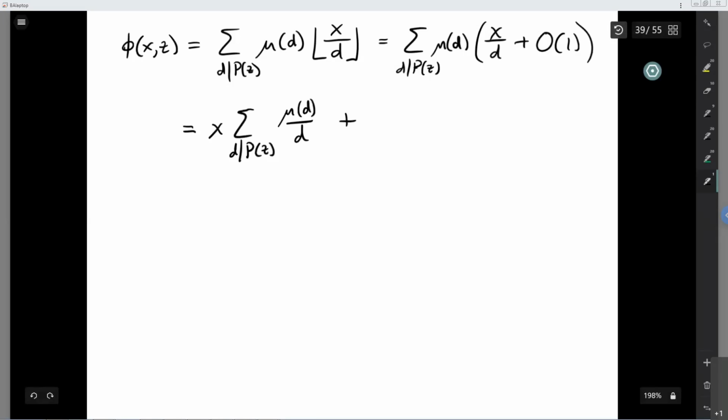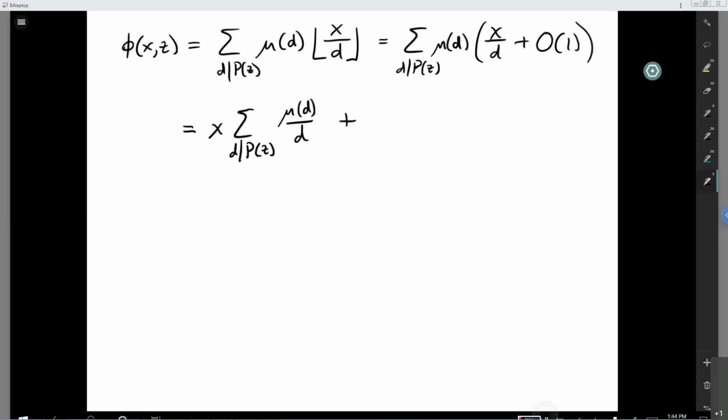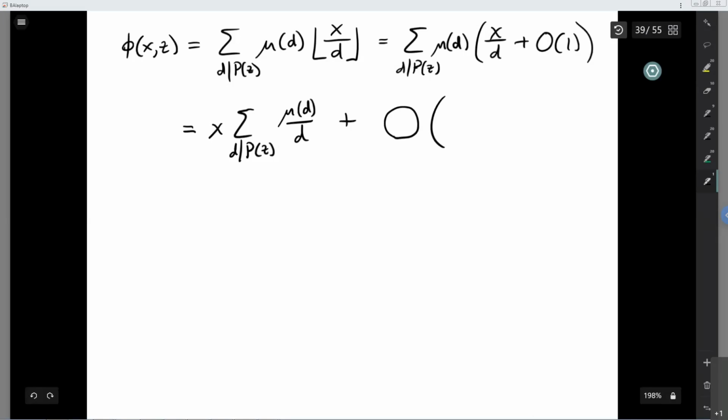On the error term, we know that a finite sum of big O's is the same thing as big O of a finite sum of the stuff on the inside, at least with absolute values. So this is bounded above by big O of the sum of d dividing p of z of 1, where right here I'm using that the absolute value of mu of d is less than or equal to 1.